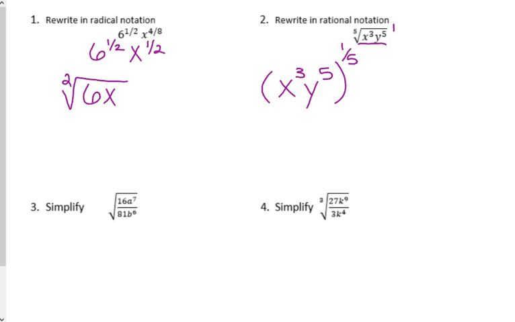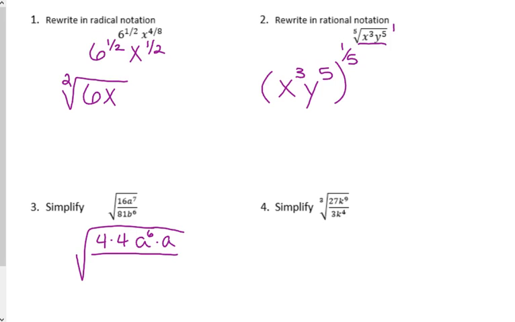So the next one we have is simplify this radical expression. We have the square root of 16a to the 7th over 81b to the 6th. And this is pretty simple. We're just going to break it down. So we have the square root of 16, which is 4 times 4, and a to the 7th, which is a to the 6th times a to the 1st.